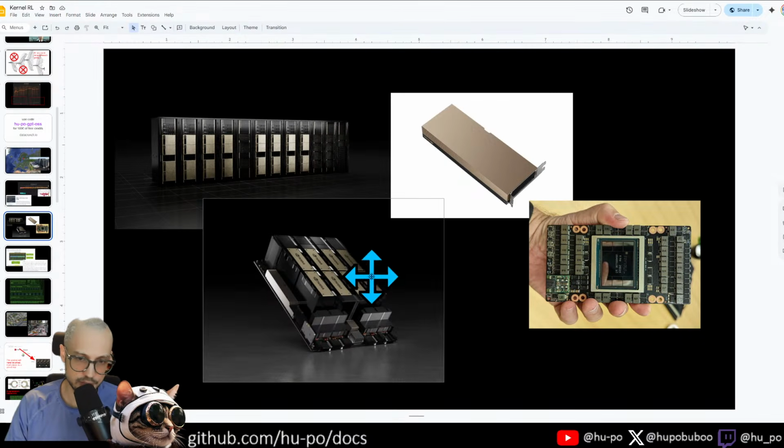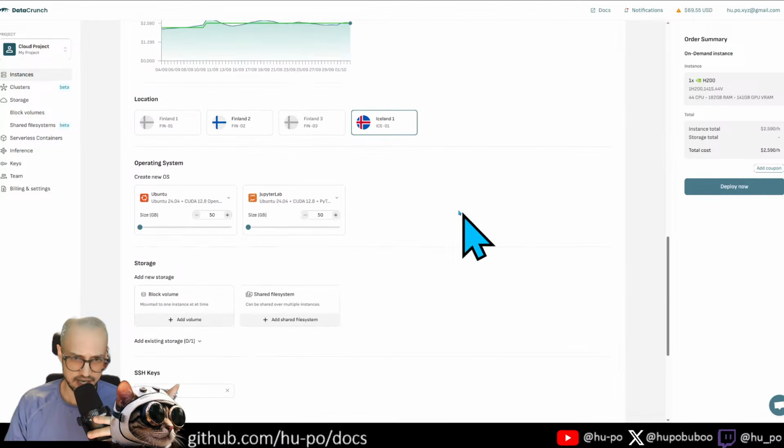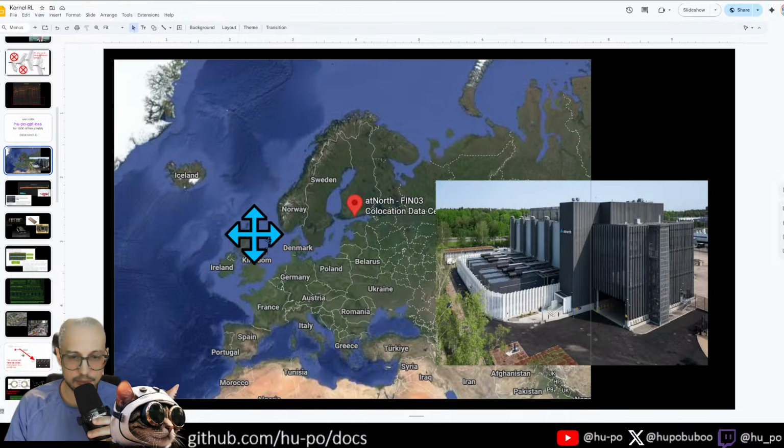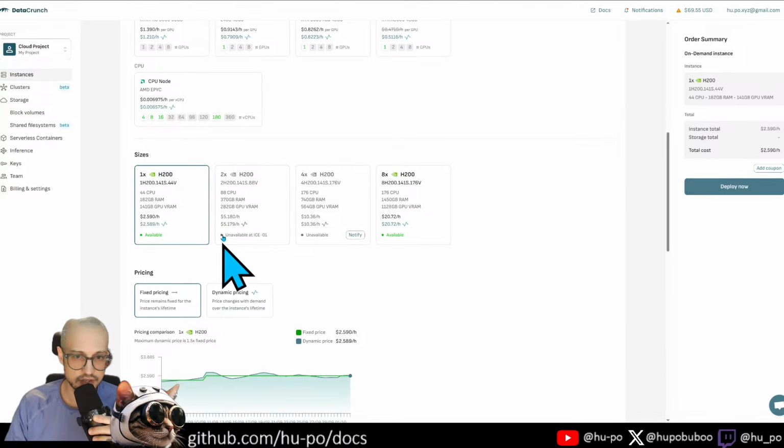So you're probably going to be sharing that rack with other people that are using it. Okay, you can choose your pricing here, and you can pick the location that you want. I think last stream we picked Finland, which was up here, and this was the actual data center that we used, but you can actually also pick Iceland. Iceland seems to be where they have the H200s.